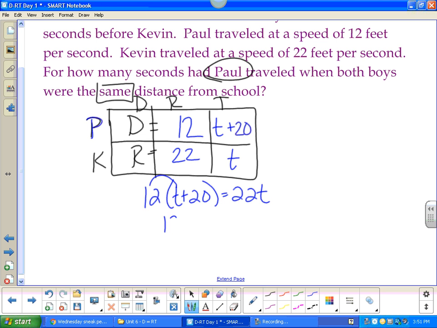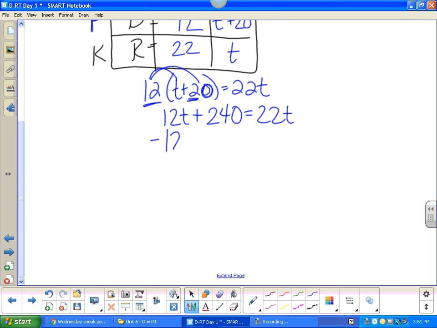Okay, so that would be 12T plus, now to do 12 times 20, just do 12 times 2 and then add a 0 to it. So 12 times 2 is 24 and then add a 0. Subtract the 12T. So 240 equals 10T.